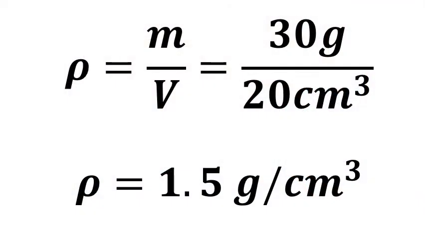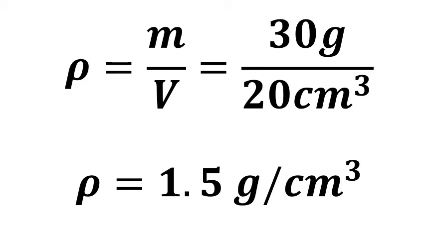Ready? Let's see what you've done. So, we have our formula, rho equals m over v, density equals mass over volume. In this case, we are given that the mass is 30 grams and the volume is 20 centimeters cubed, and I'm writing them on top of each other.